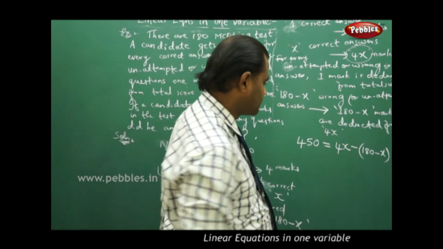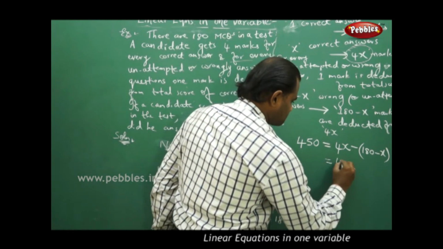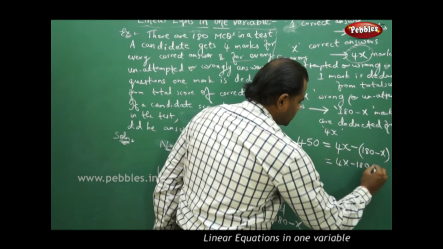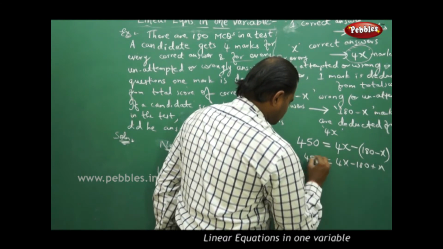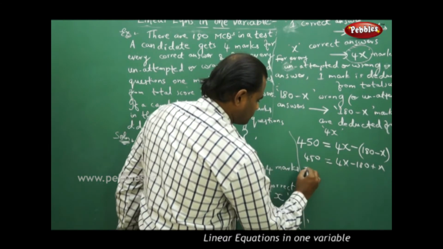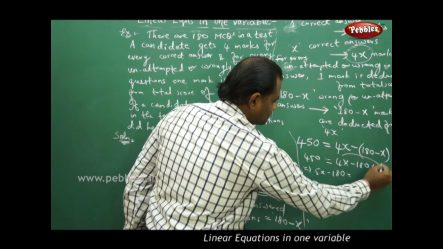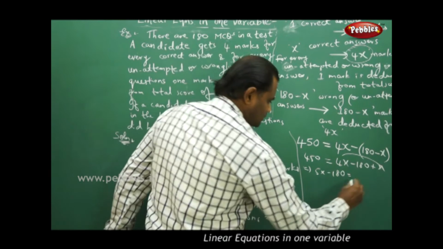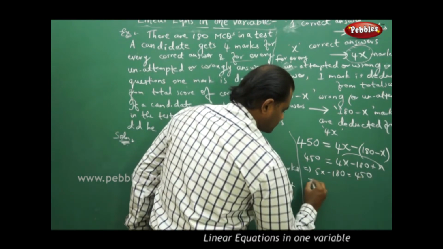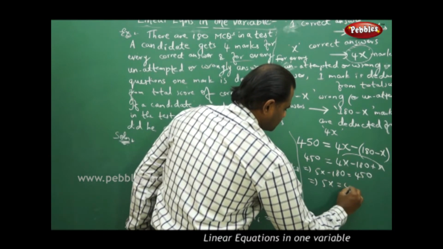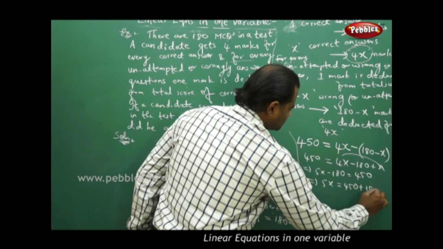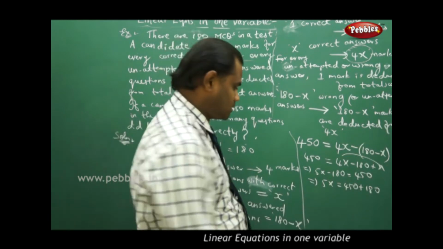Now this is nothing but 4x minus 180 plus x equals 450, which on simplification gives me 5x minus 180 equals 450. That implies 5x would be 450 plus 180, with minus 180 coming to the right as plus 180.